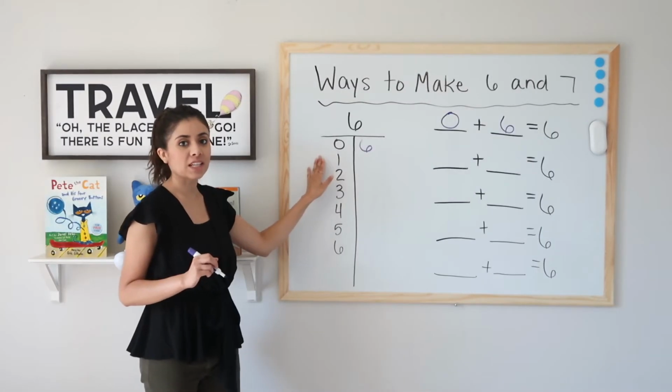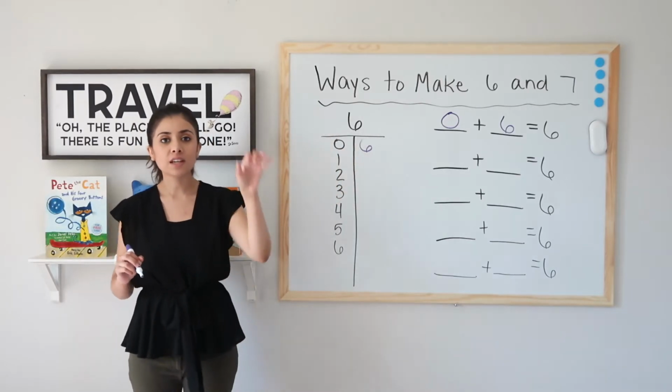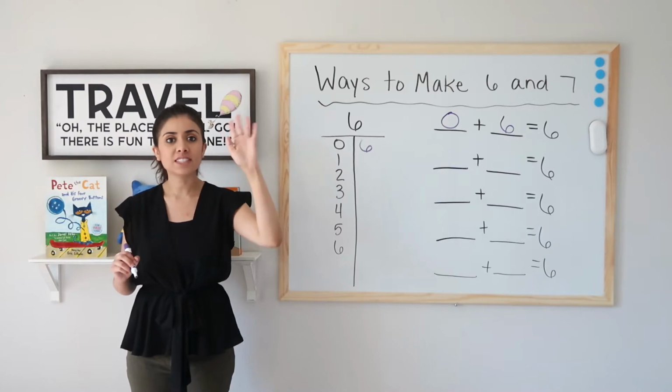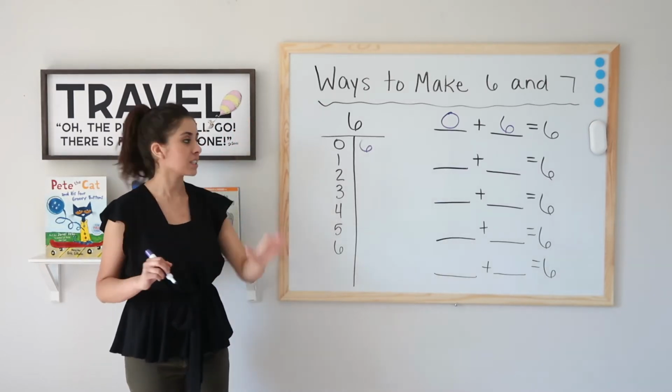Let's go ahead and try the next one. 1 plus what equals 6? Ready? 1, 2, 3, 4, 5, 6. 1 plus 5 is 6.